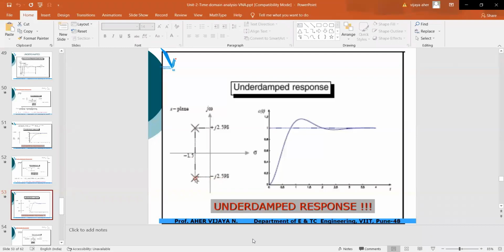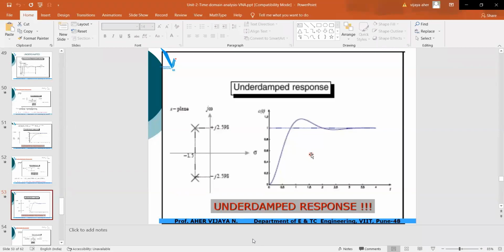So in the underdamped response, these two poles are located in the left half of the S plane. And this is nothing but the underdamped response. Now observe carefully. Initially, when your system is overdamped, there is no overshoot, right?